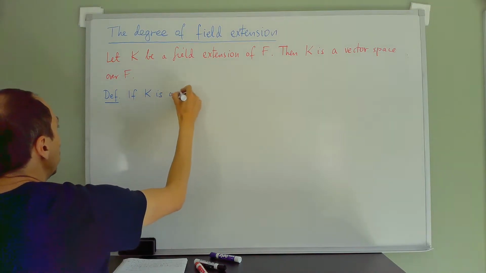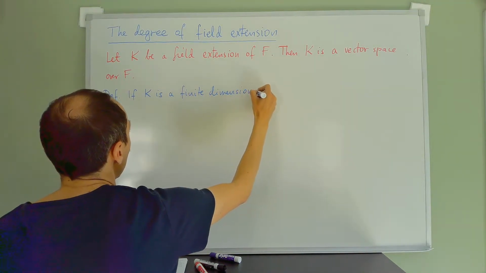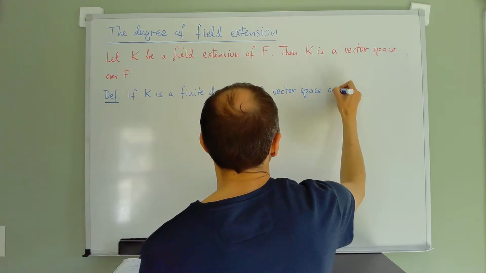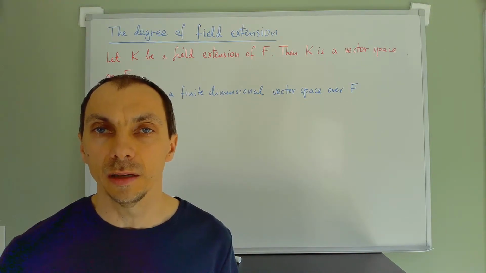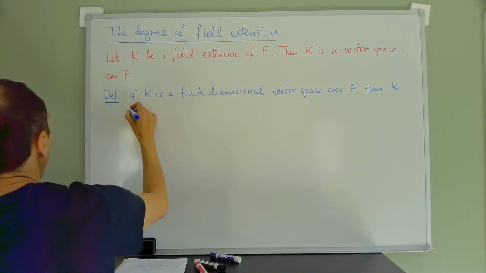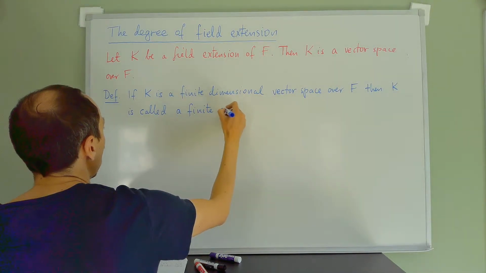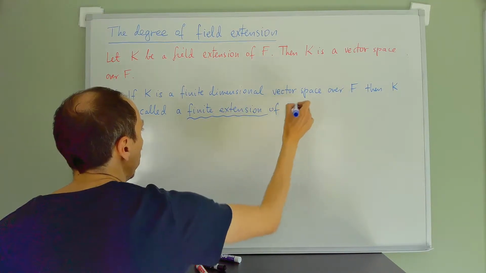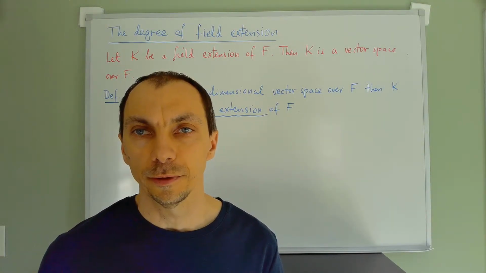If K is a finite dimensional vector space over F, which means that K has a basis that consists of finitely many elements over F, then K is called a finite extension of F. So an extension in which the bigger field is a finite dimensional vector space over the smaller field is called a finite extension.